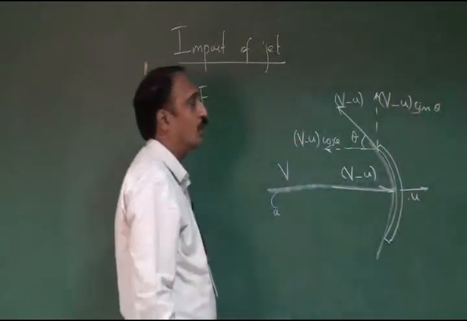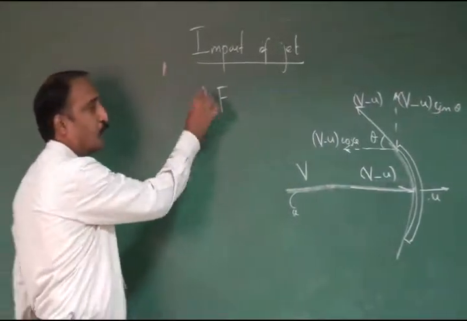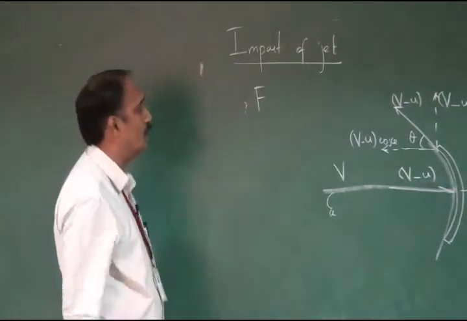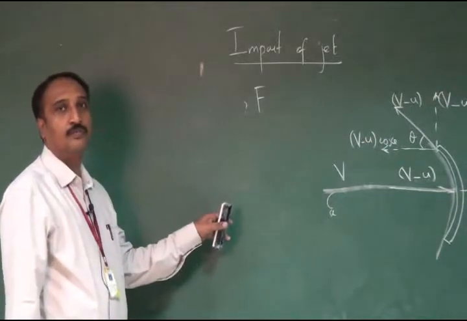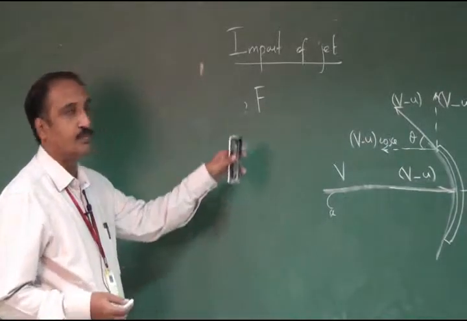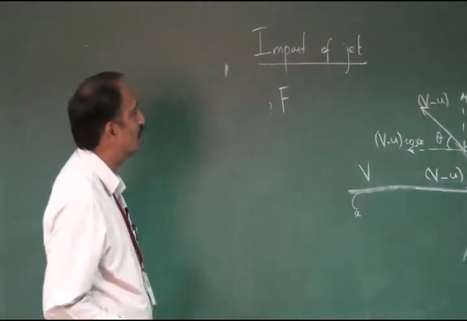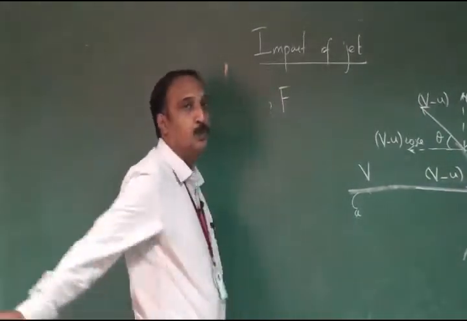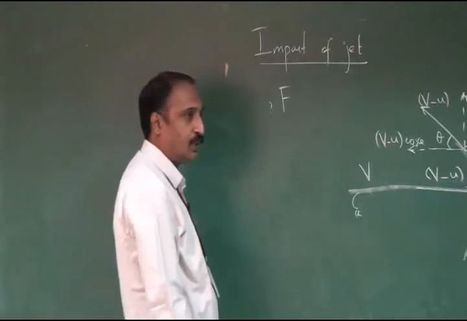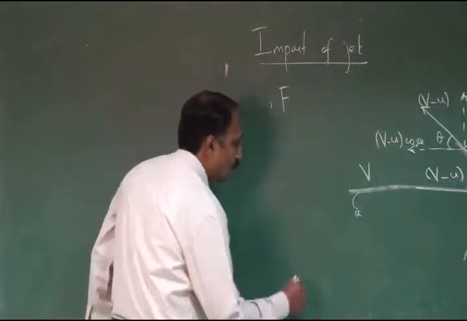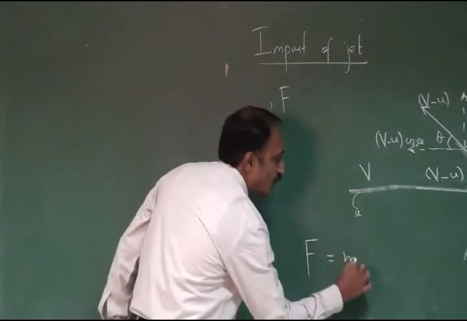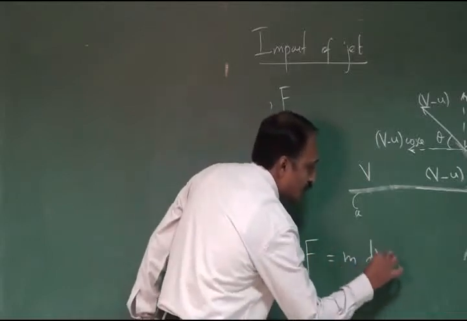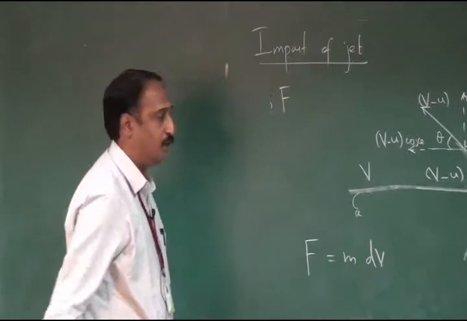Okay. So how do we find the force exerted by the jet of water on the plate? For this, we use the impulse momentum principle. Force is equal to mass into rate of change of velocity with respect to time.